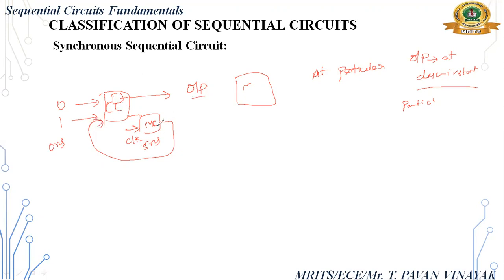After 3 nanoseconds I give 1 0. Will we get output? No. At 6 nanoseconds I give 1 1 input, then only we get output, because at the fifth nanosecond the memory will respond, so the output goes to the memory element at the fifth nanosecond, and afterward at 10 nanoseconds.